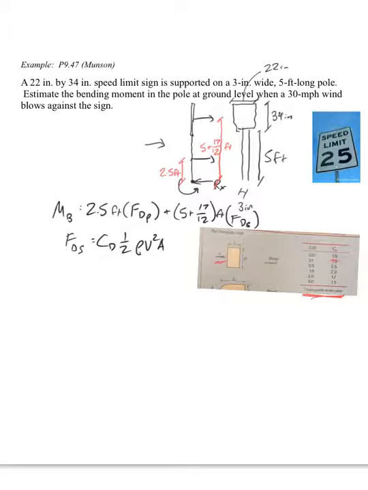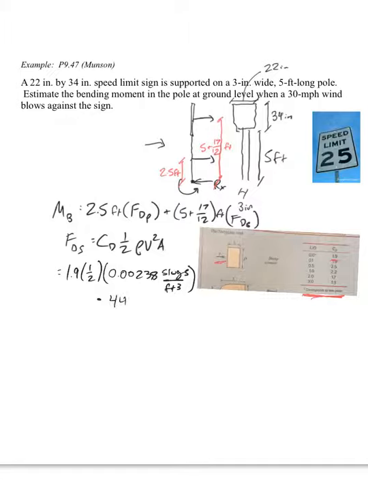And so now we plug everything else in, and this is 1.9 times 1/2 times rho. We're in English units, so we need the density of air, which I looked up, 0.00238 slugs per foot cubed, times the velocity squared.